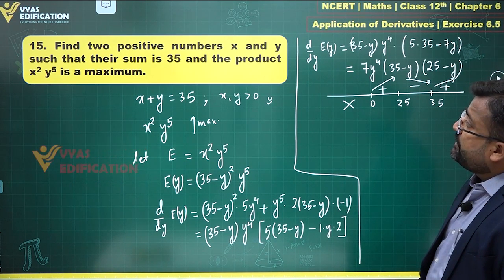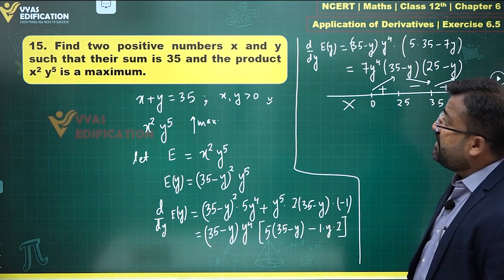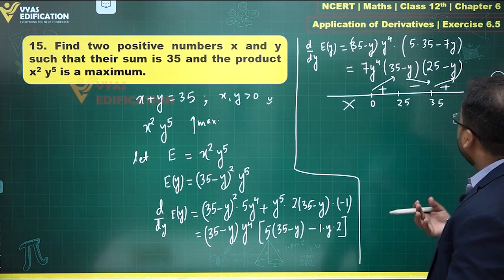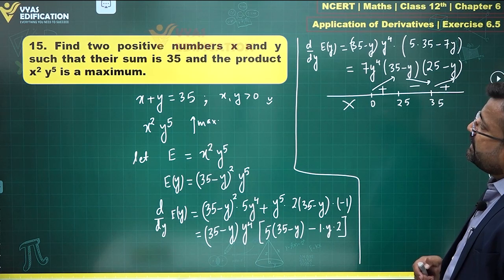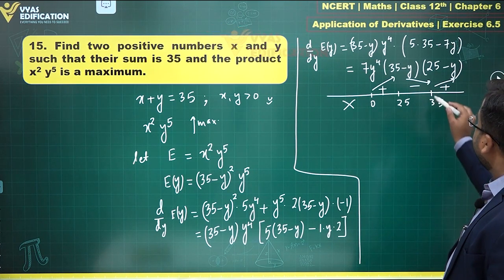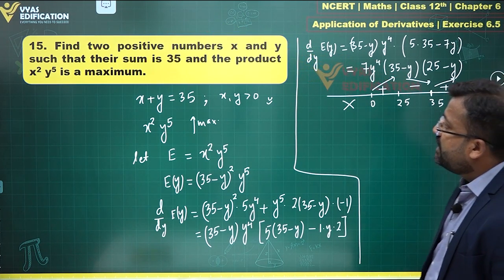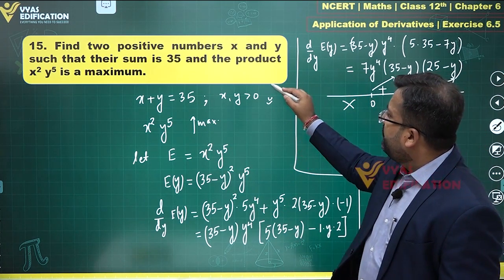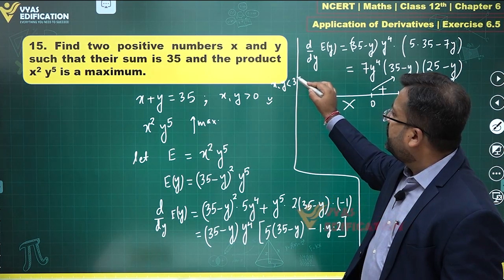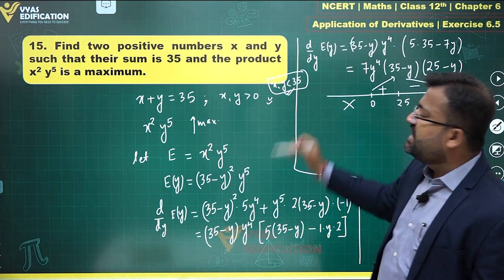Okay, find two positive numbers such that the sum is this and the product is a maximum. So when is the product maximum? Do you see that the sum is 35, so the maximum value will be 35. That's also interesting, right? Since the sum is 35, therefore obviously x and y cannot go beyond 35. That's something that you should see clearly.